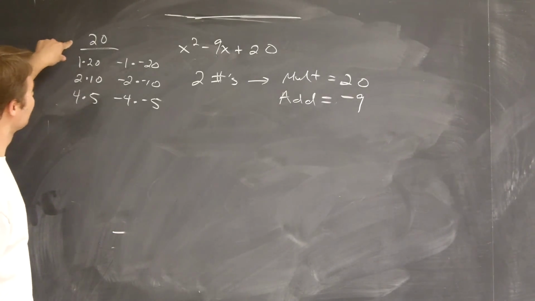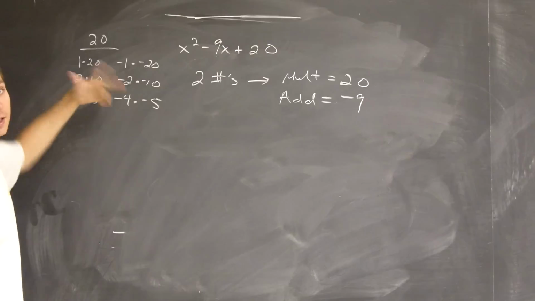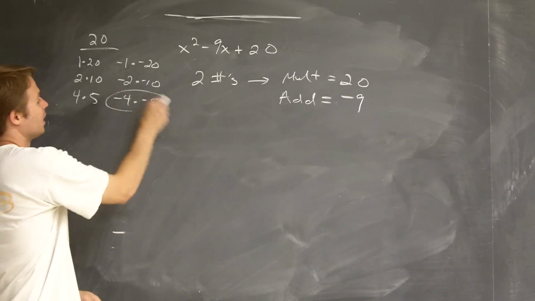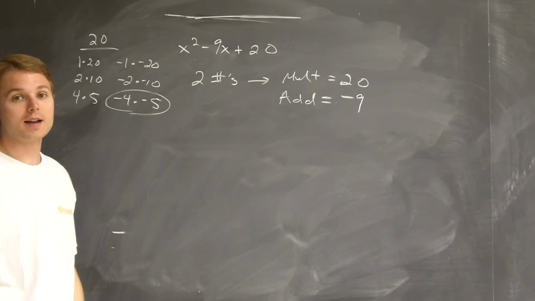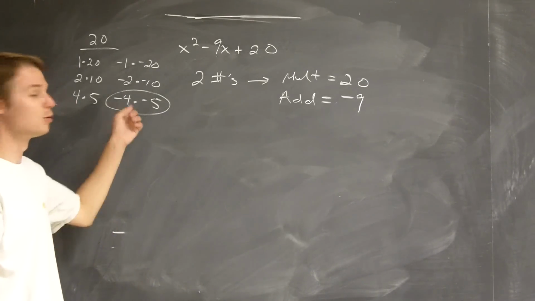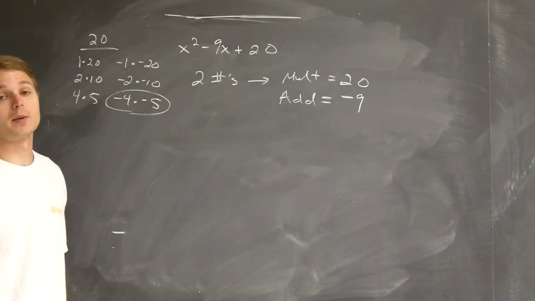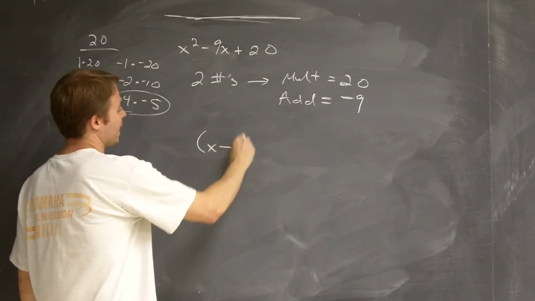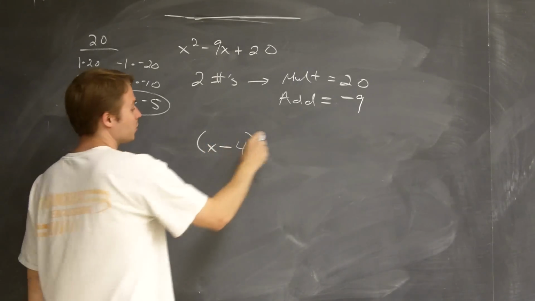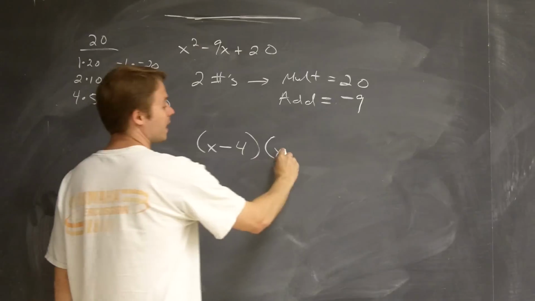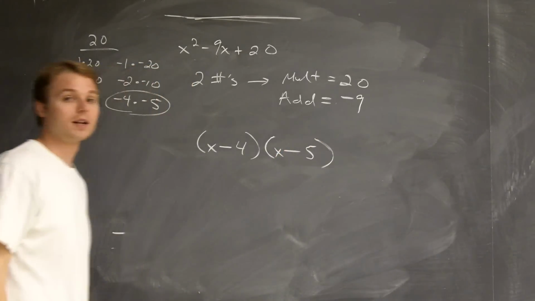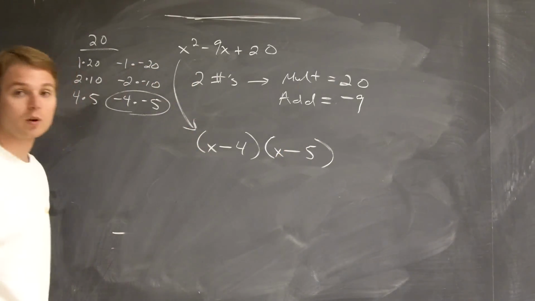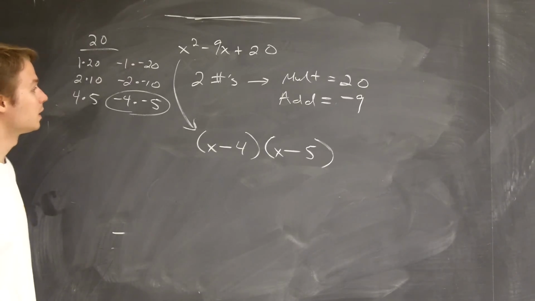Because then I just need to look through all of these sets and see which of these add together to get me a negative 9. In this case, the negative 4 and the negative 5 will add together to get me a negative 9. So those are the two numbers that I would like to use. So this will actually factor then into x plus negative 4, or x minus 4, and then x plus negative 5, or you just write it as x minus 5. And that should be the factorization of x squared minus 9x plus 20.